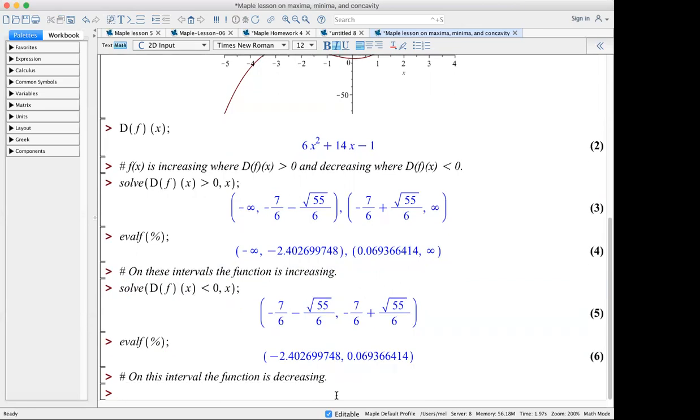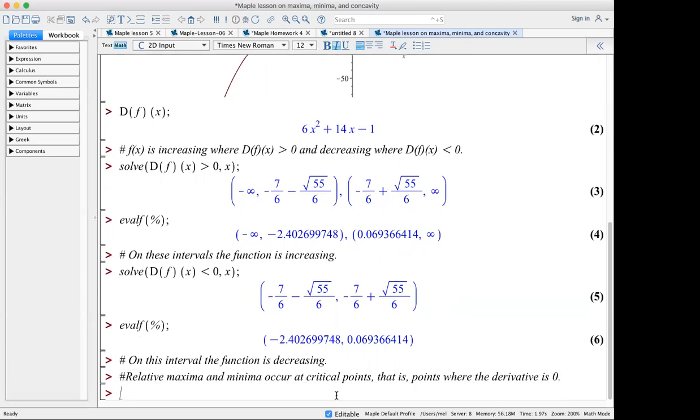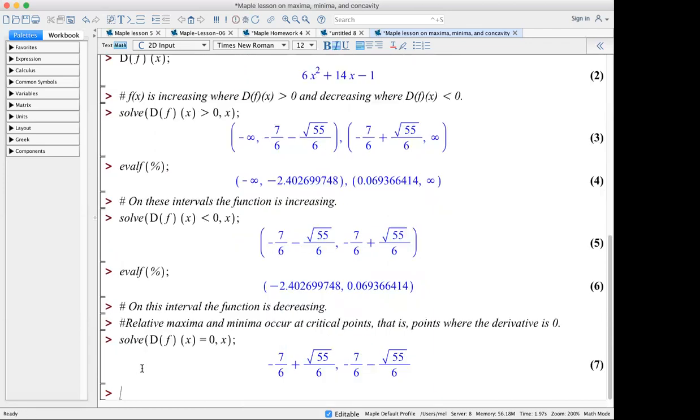And relative maxima and minima occur at critical points of the function. That is, points where the derivative is 0. So suppose we want to solve the equation; these are the points where the derivative is 0.